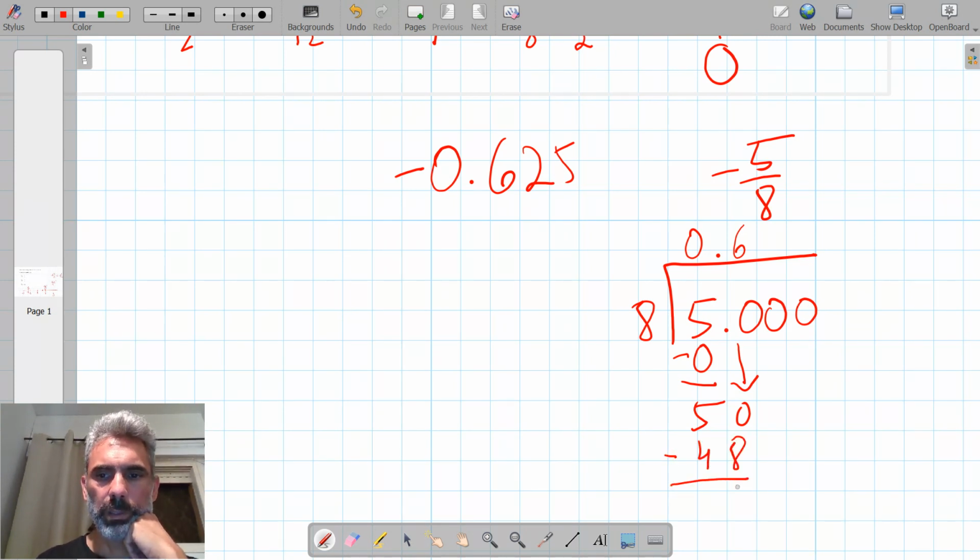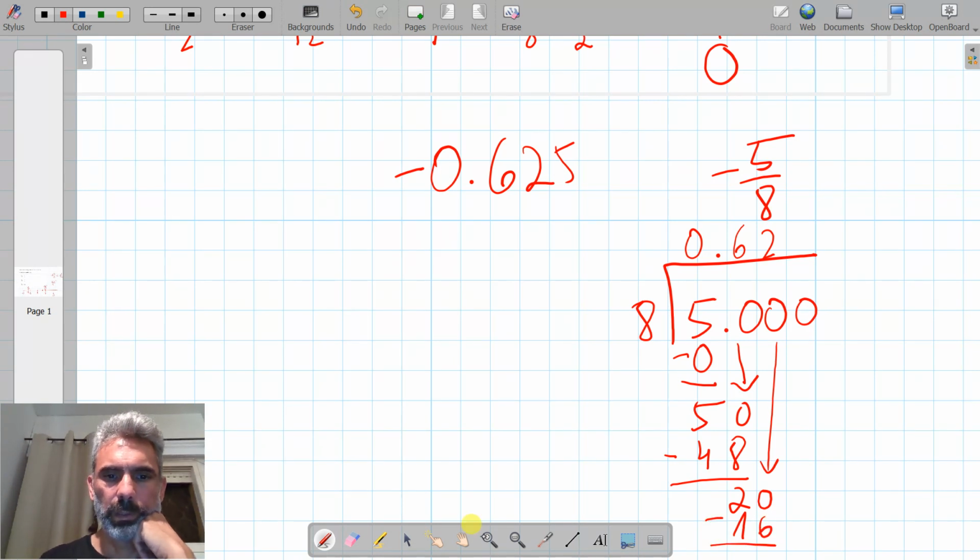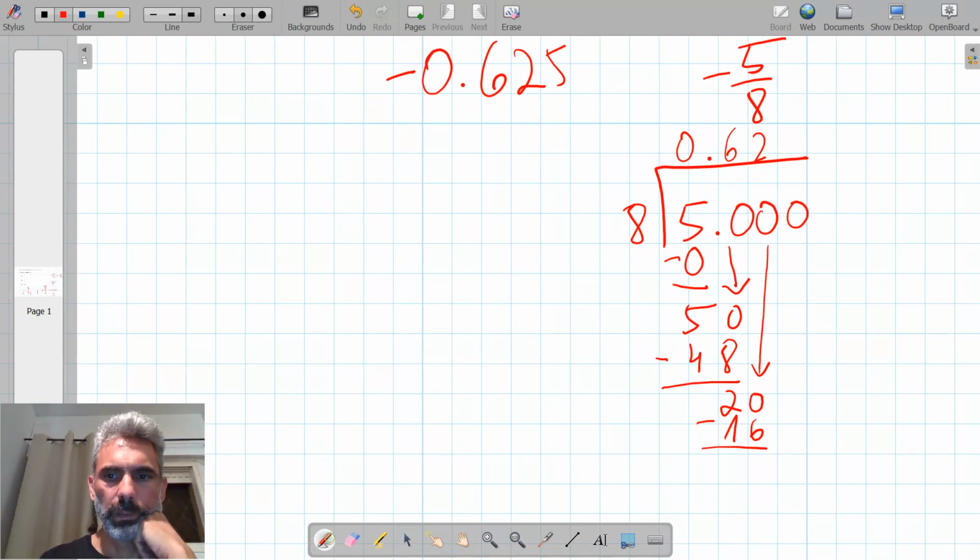Subtract. We have a remainder of 2. Bring down 0. 8 goes into 20 2 times. 2 times 8 is 16. We have a remainder of 4. And 8 goes into 40 5 times. So 5 times 8 is 40, no remainder.